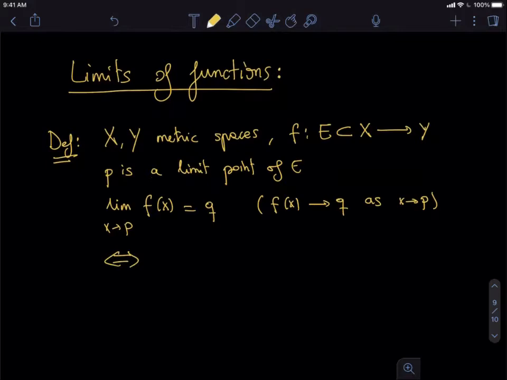is going to be that there exists some point q with the following property.